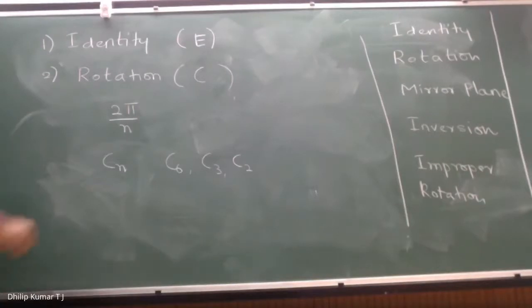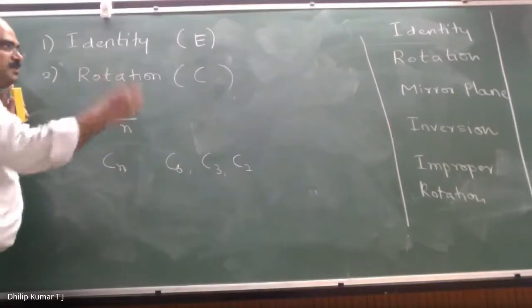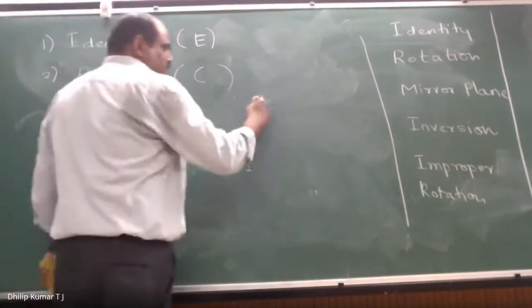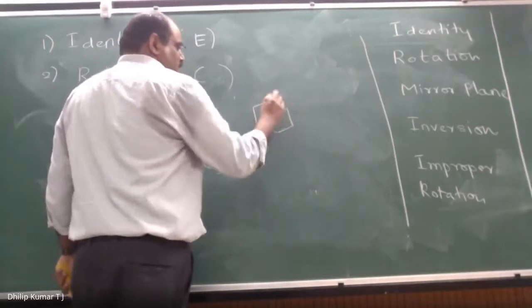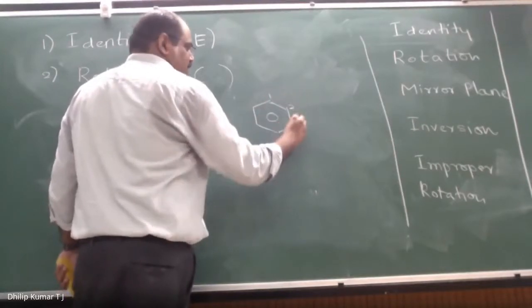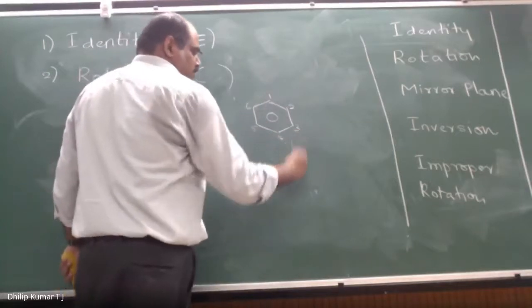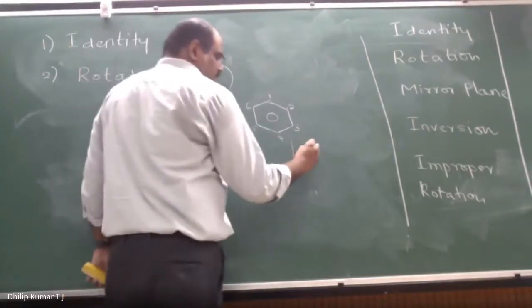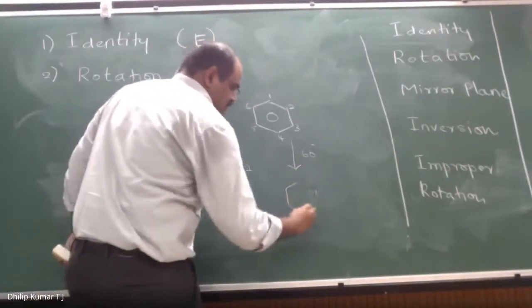Those who have studied, there are multiple C6 axes, like in benzene. So this is the benzene molecule. If you label the atoms 1, 2, 3, 4, 5, 6, you can rotate it by 60 degrees. This goes to the next structure.